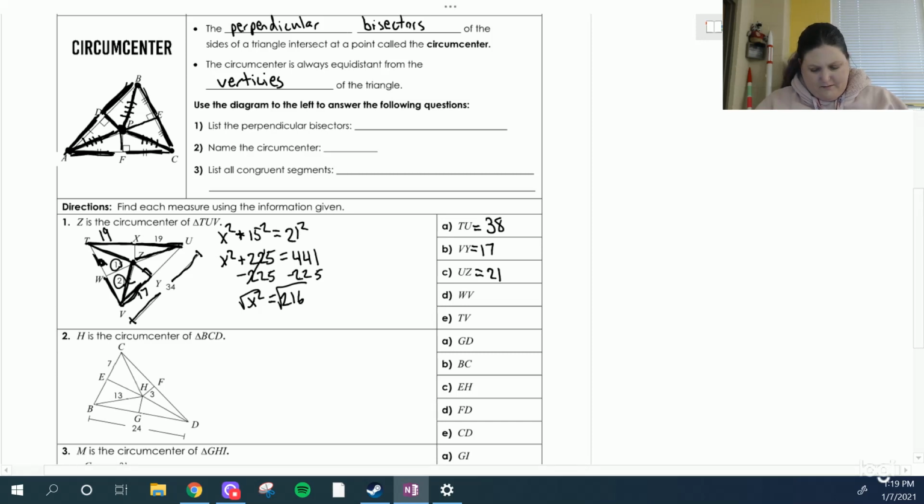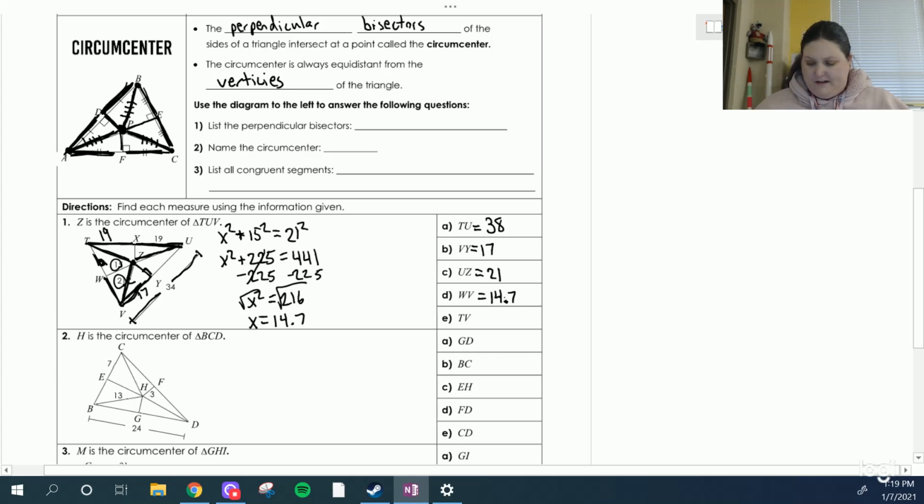So the square root of 216 is 14.7 roughly. So that looks like a typo in the work part, but it's correct on the side of your notes. I hope everybody sees that.